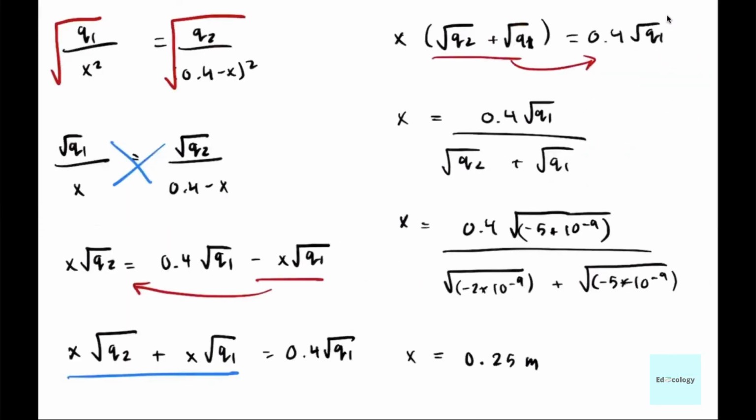So this is the distance between Q1 and Q, and 0.4 minus 0.25, which is equal to 0.15 meters, is the distance between Q2 and Q. Okay?